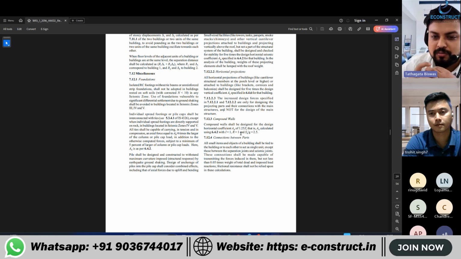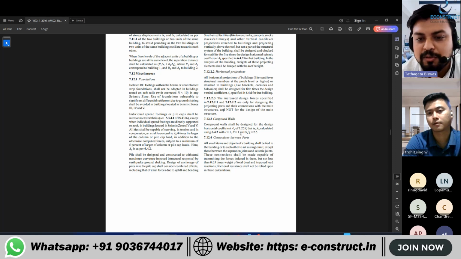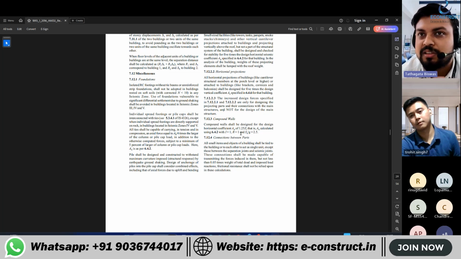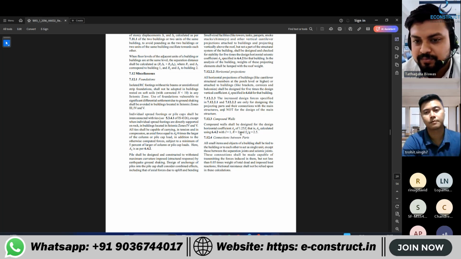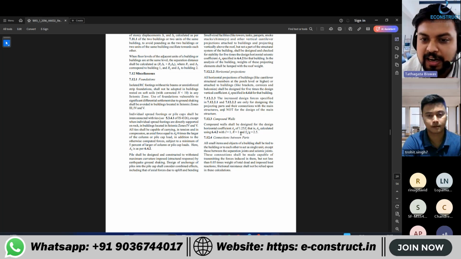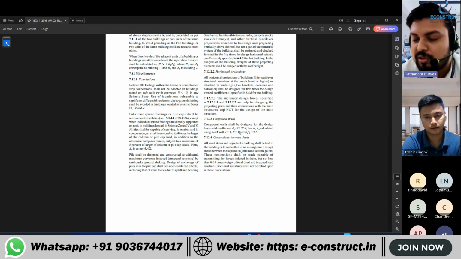And the earthquake will not be that predominant for a boundary wall, because the height itself is not too much. So you take it as fully brittle or consider full forces. That's why they have made R equal to 1. So there is no reduction.